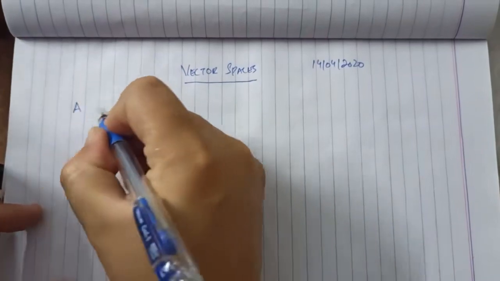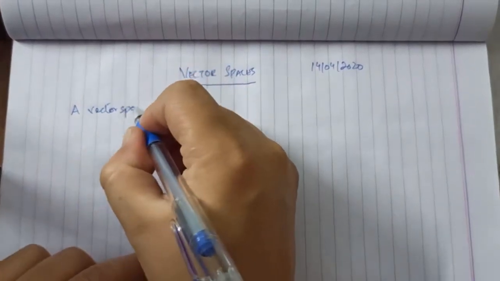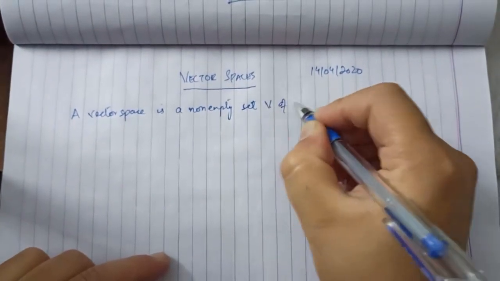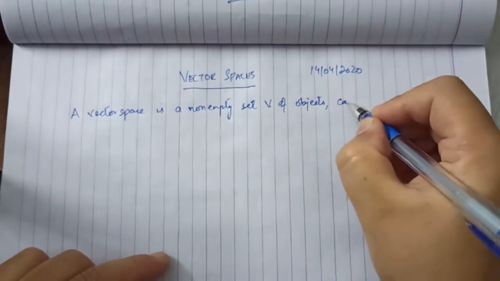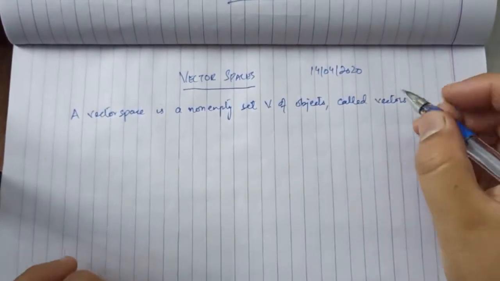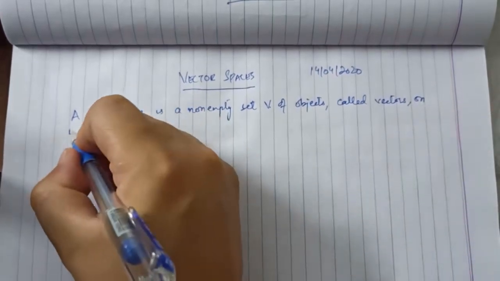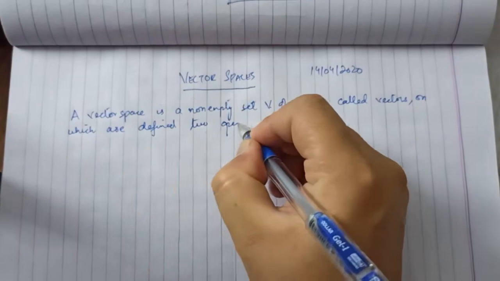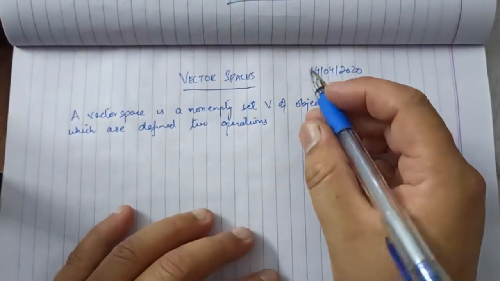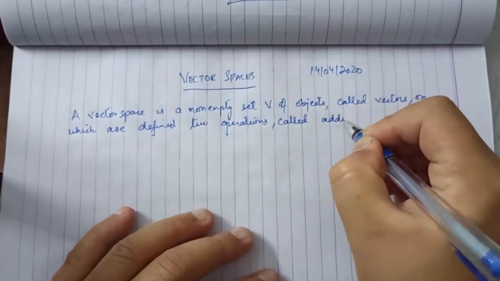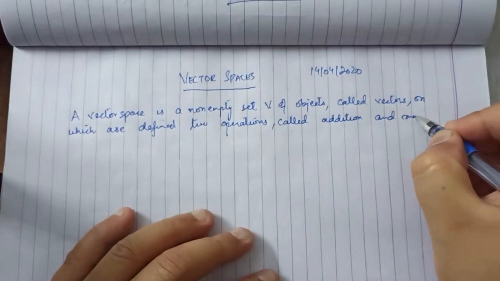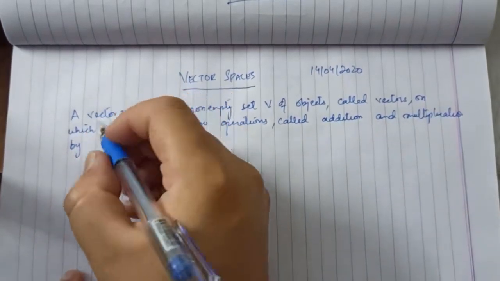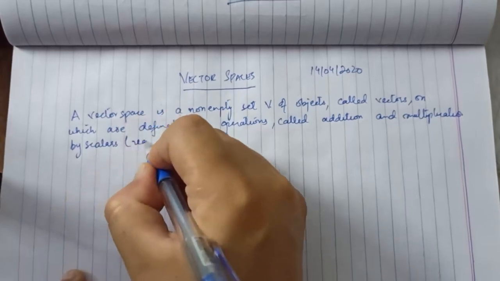So a vector space is a non-empty set V of objects called vectors, on which are defined two operations called addition and multiplication by scalars, or real numbers, and they are always real numbers.